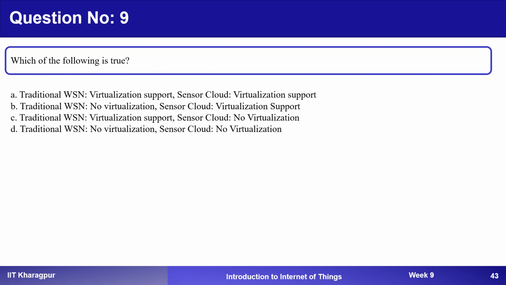Next question is, which of the following is true? A, traditional WSN supports virtualization, sensor cloud also supports virtualization. B, traditional WSN does not support virtualization, whereas sensor cloud supports virtualization. C, traditional WSN supports virtualization and sensor cloud does not. D, traditional WSN no virtualization, sensor cloud no virtualization.